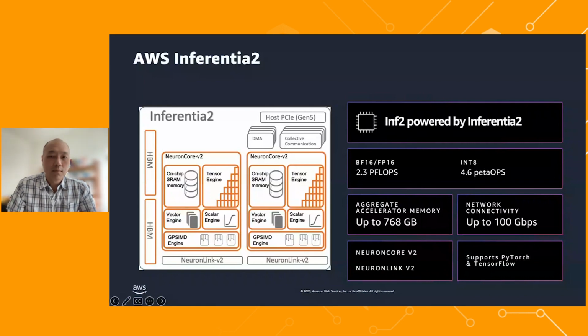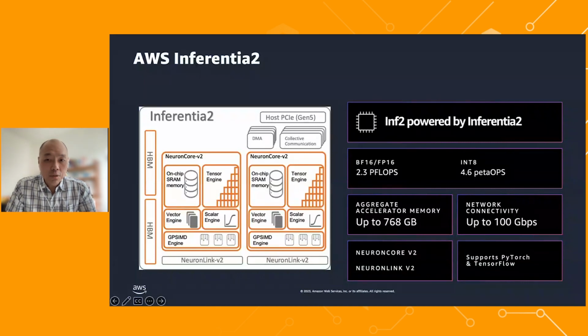Even during one inferencing round, you need to collaborate, if you will, between the chips in terms of how data is moved from one level of the model to the next. This is only possible if you have a fast linkage between the chips. So that's what NeuronLink v2 is good for.